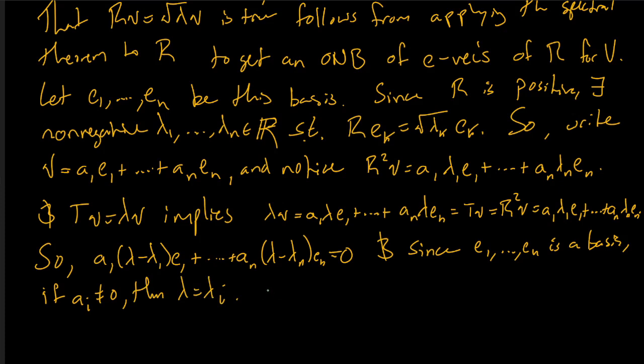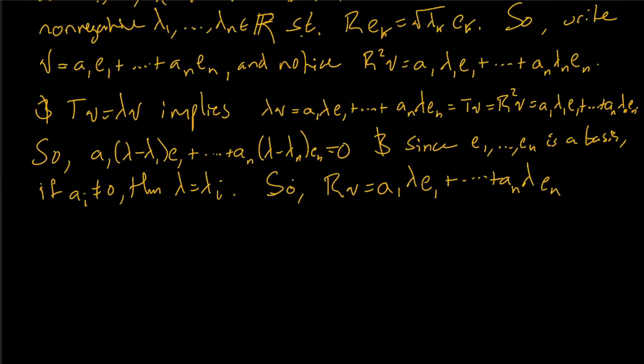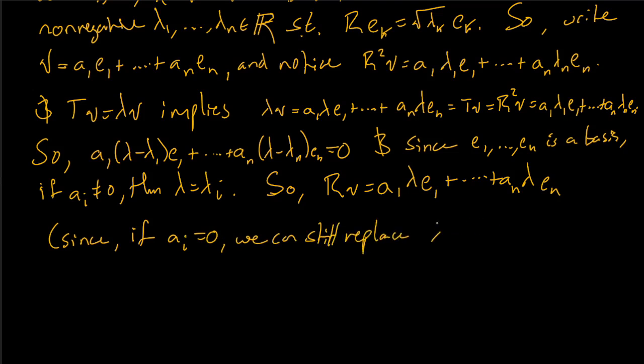So, whoa. RV is equal to a1 root lambda e1 plus dot dot dot all the way down through an root lambda en, since if ai is equal to 0, we can still replace lambda k with lambda here without changing anything.